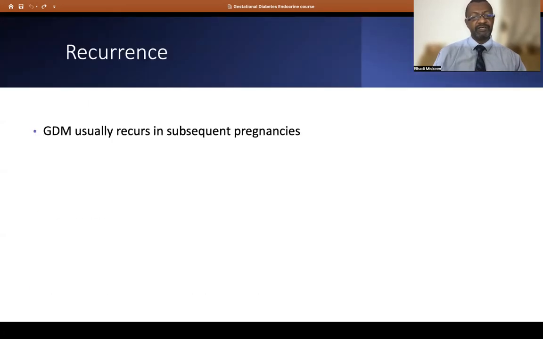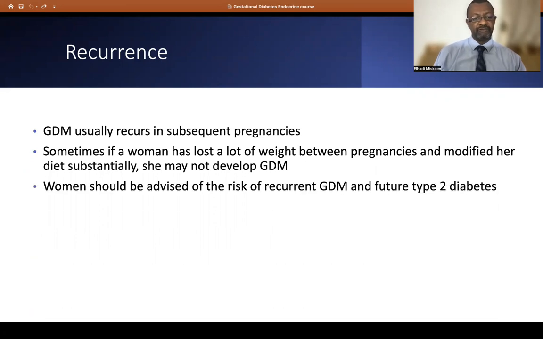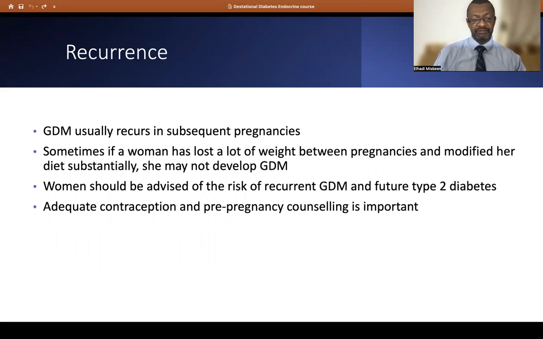GDM usually recurs in subsequent pregnancy, and sometimes if a woman has lost a lot of weight between pregnancies and modified her diet substantially, she may not develop GDM. So lifestyle after pregnancy is very important, especially in patients with GDM. Women should be advised of the risk of recurrent GDM and future type 2 diabetes.